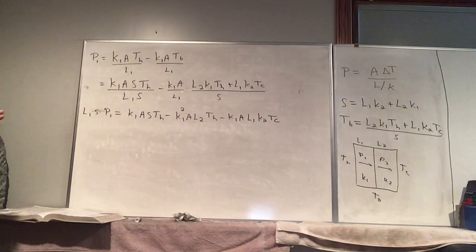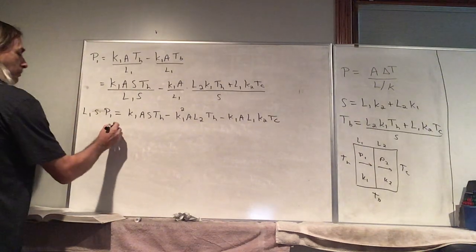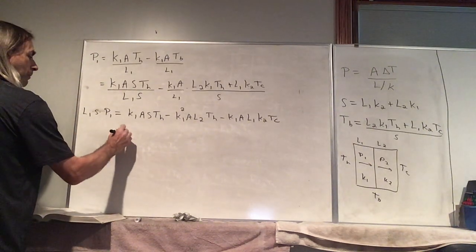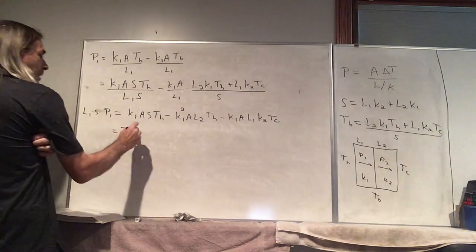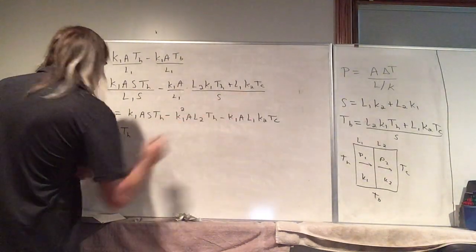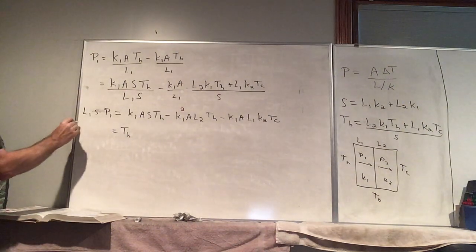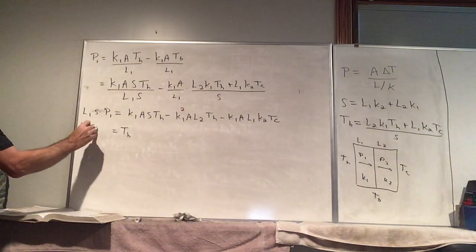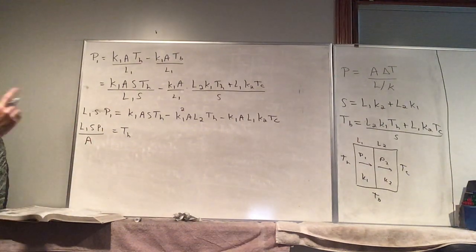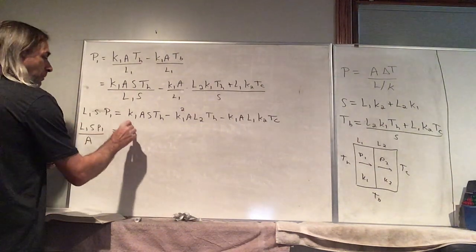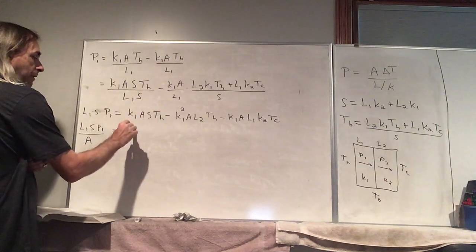So let's factor out a TH on this side. So we have TH times, every term involves an A. So let's divide that out. Okay, so we have TH, we'll factor that out.